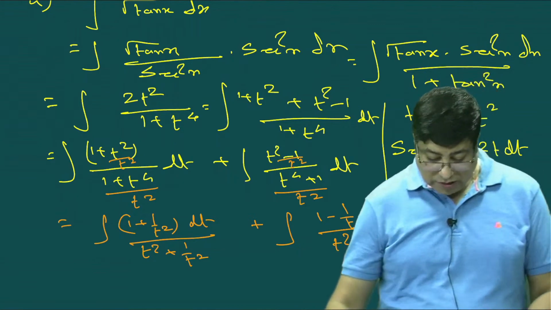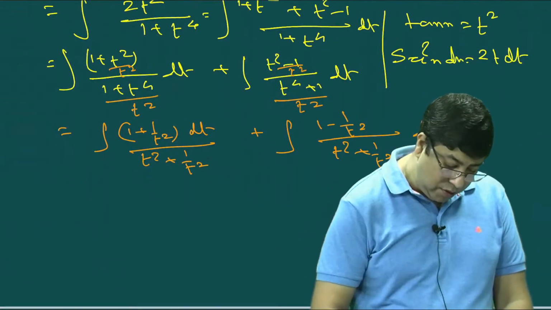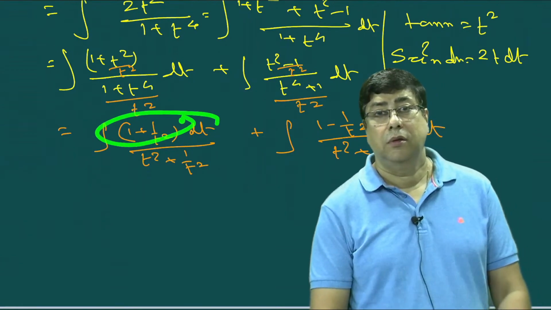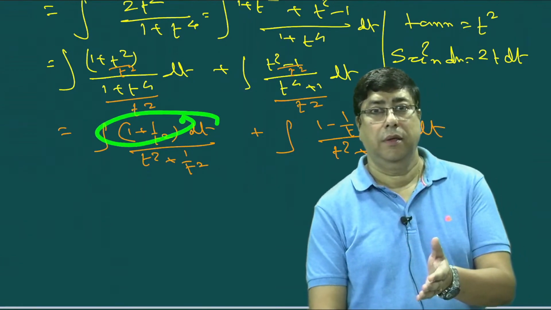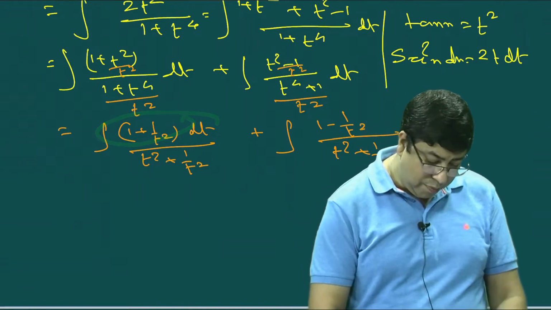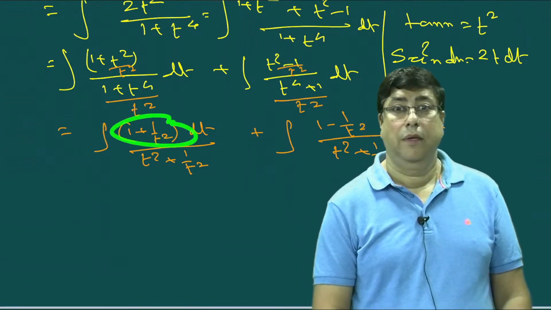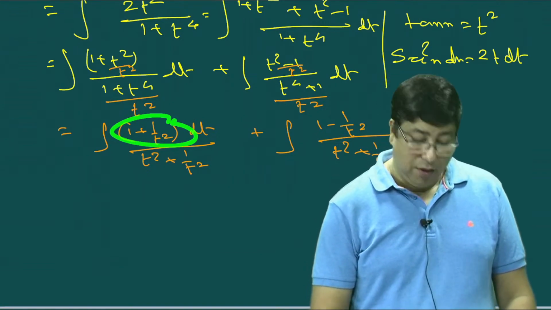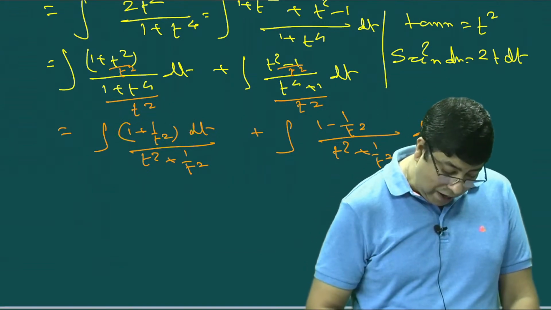So everybody, just see one thing, whose derivative is this numerator? Whose derivative is 1 plus 1 by t square? So let us integrate the numerator. Accordingly we will take that as t.